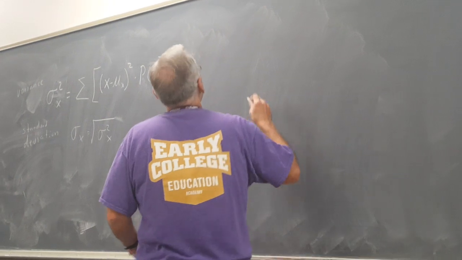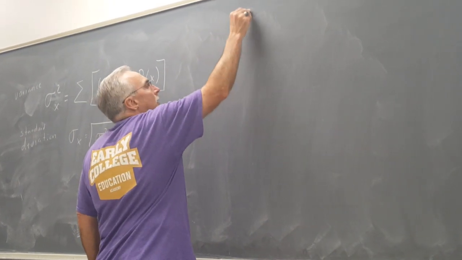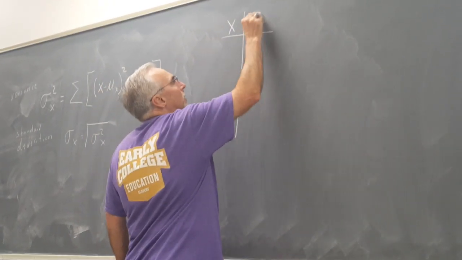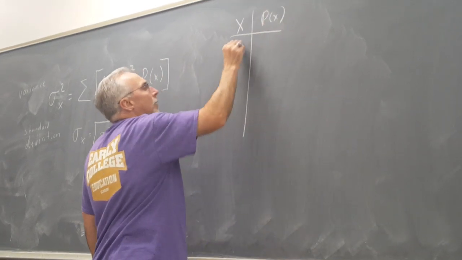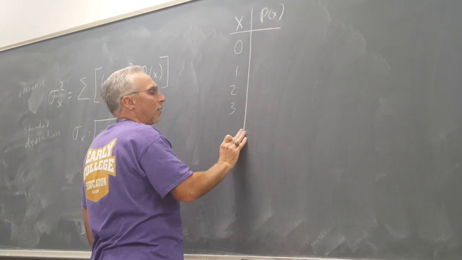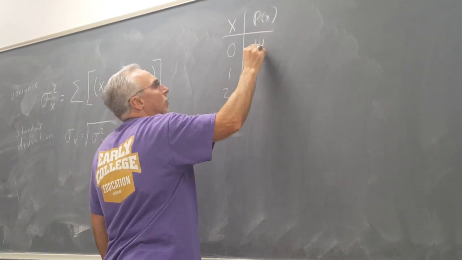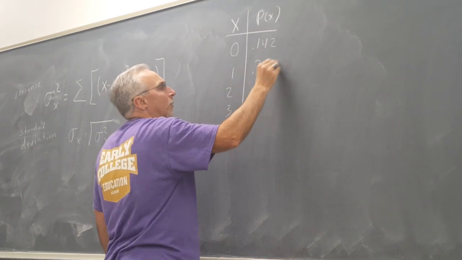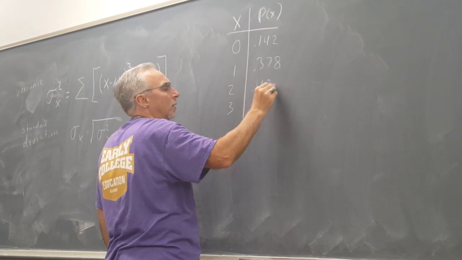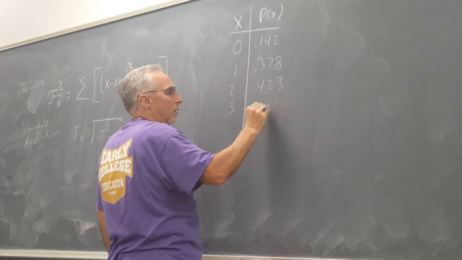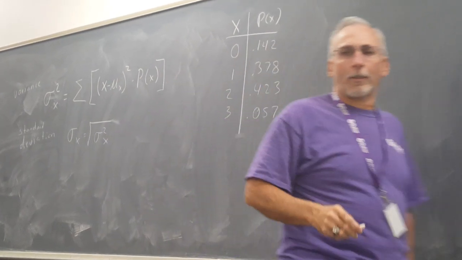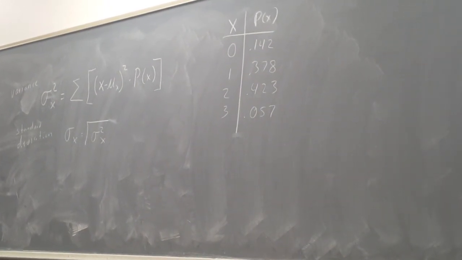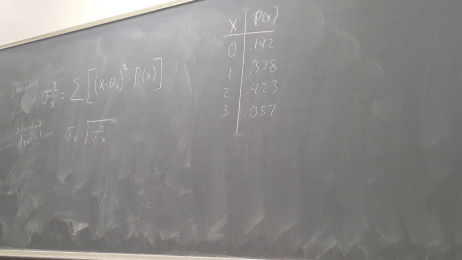So, now that I erased my picture a little bit early, let's see, this was 0.142, 0.378. Is that close? All right, so we're going to use the calculator to calculate standard deviation.